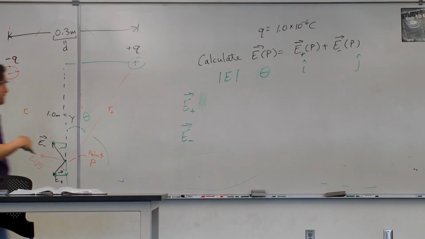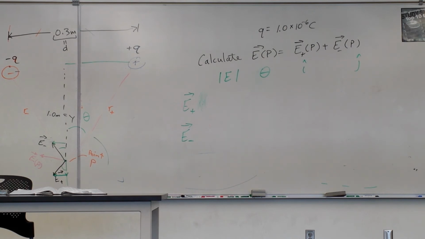Yeah. Okay, so then this problem reduces to whatever q was, times 9 times 10 to the 9th, divided by basically 1.0225.